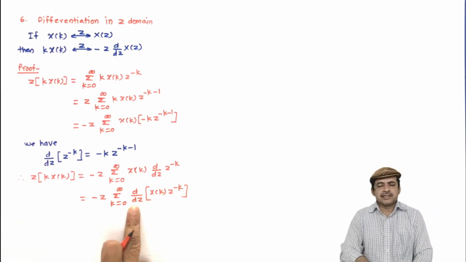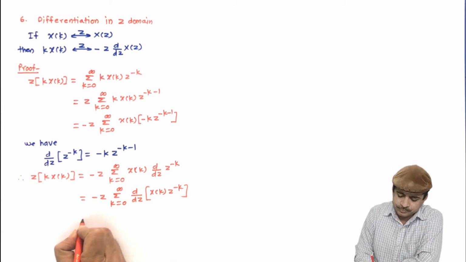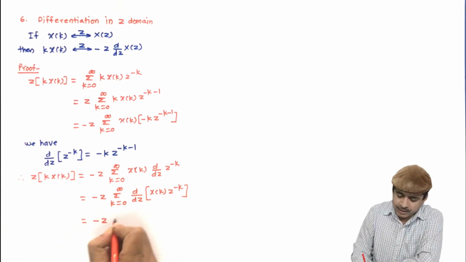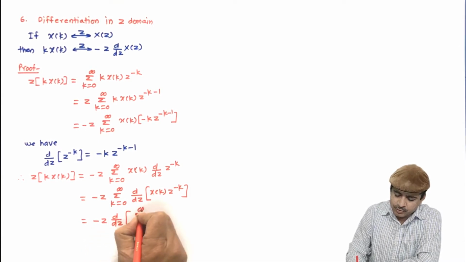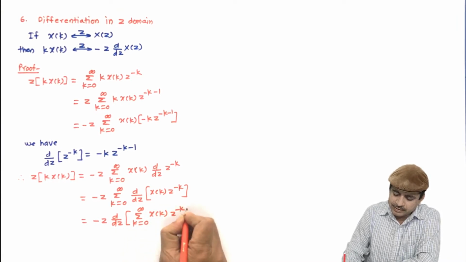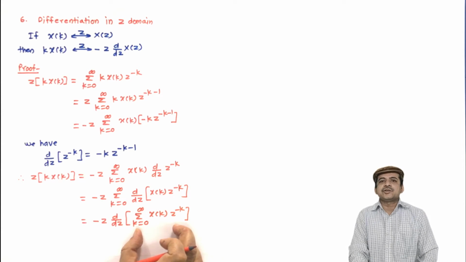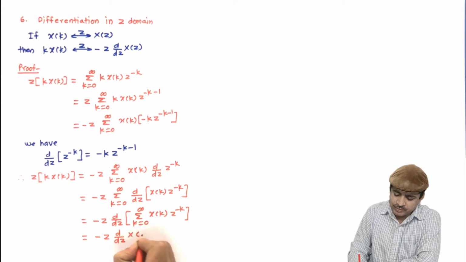Now this d by dz has nothing to do with the summation, and hence this also can be taken out. Minus z d by dz of the summation k equal to 0 to infinity of x of k z raised to minus k. And now what is this? This is x of z. So I can write this as minus z d by dz of x of z.